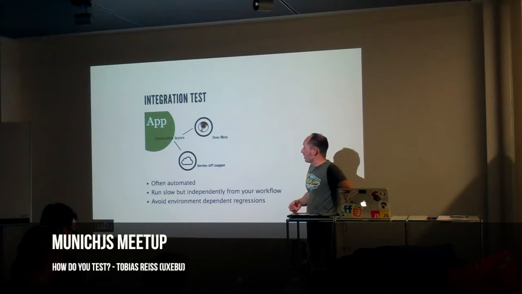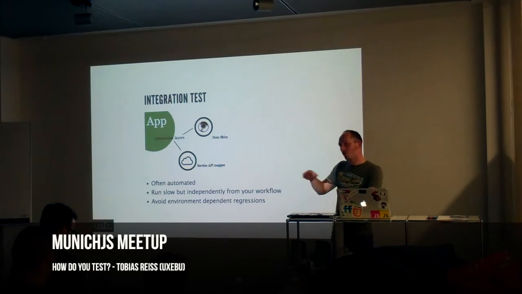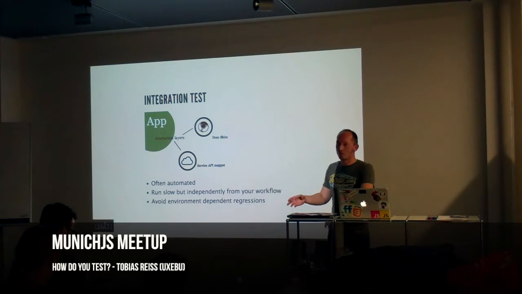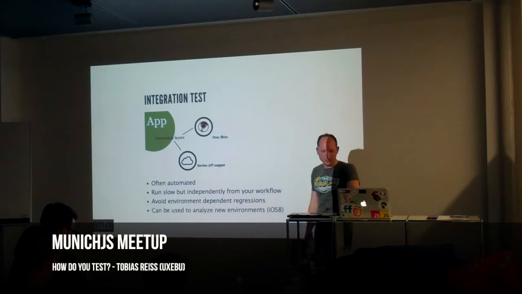That way you can avoid environment-dependent regressions, because if you have a problem just in one environment, you write a test for that particular environment and just for the abstraction layer, not for the whole application.